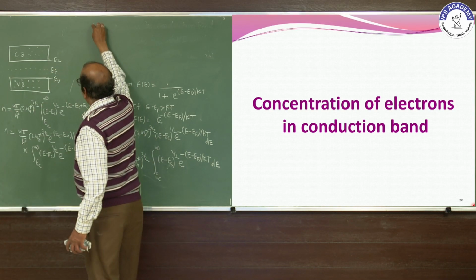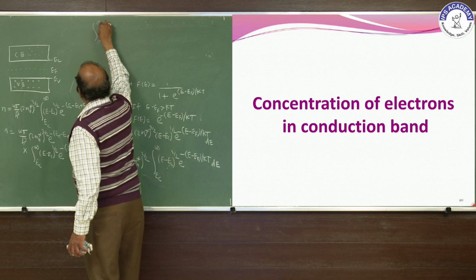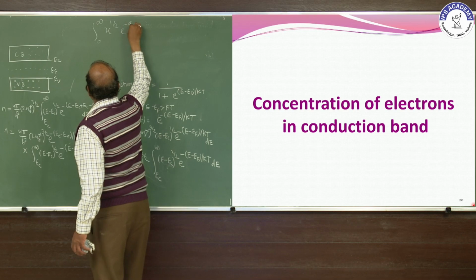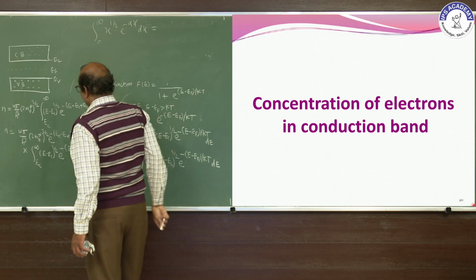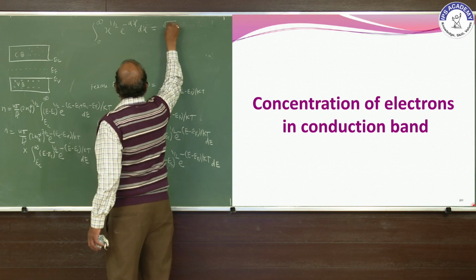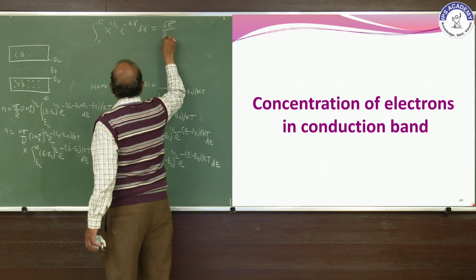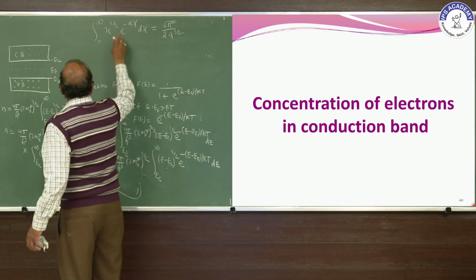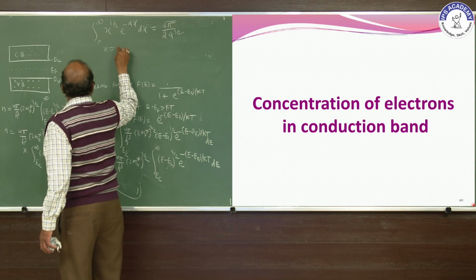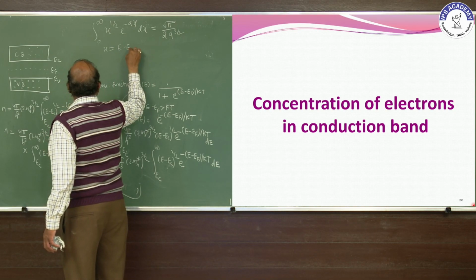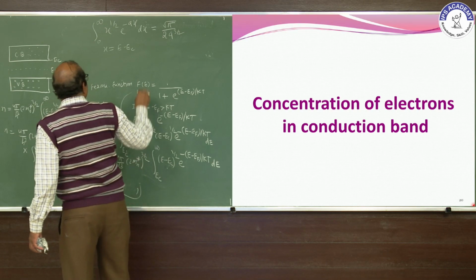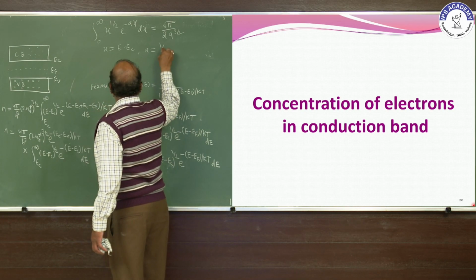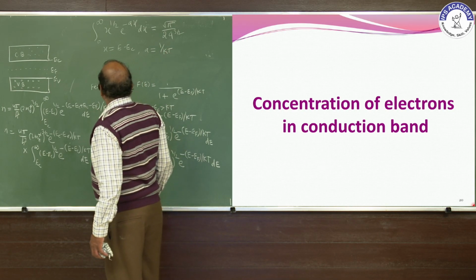So we know that the standard integral from 0 to infinity of x to the power 1 by 2, e to the power minus ax, dx, has the value root pi over 2a to the power 3 by 2. Let's compare this equation with ours: x equals E minus Ec, and a equals 1 by kT.